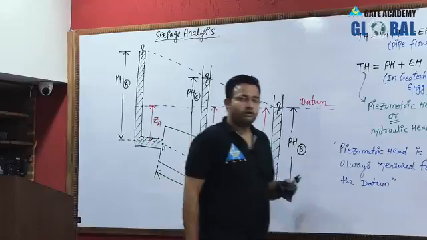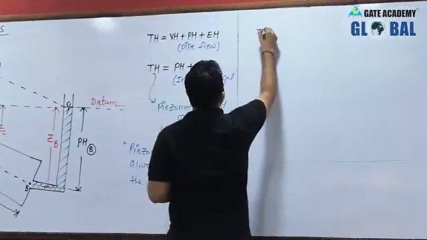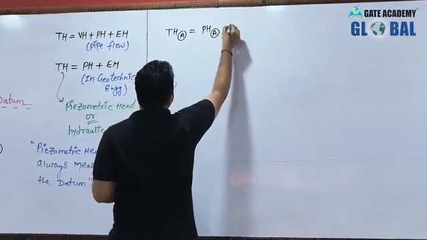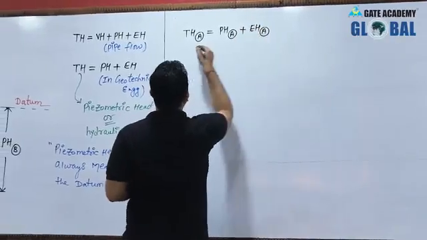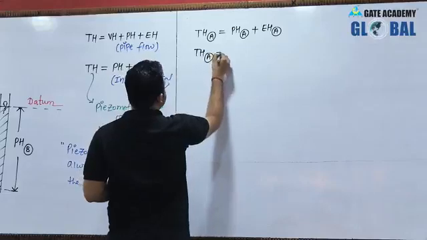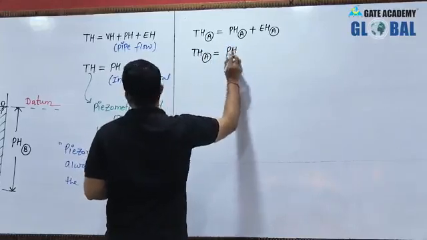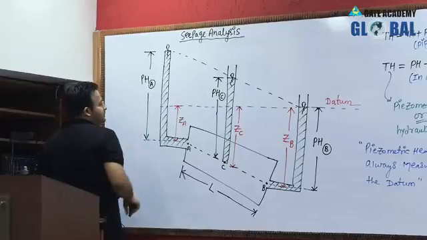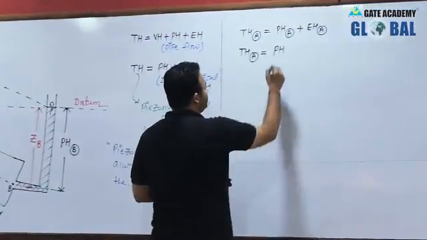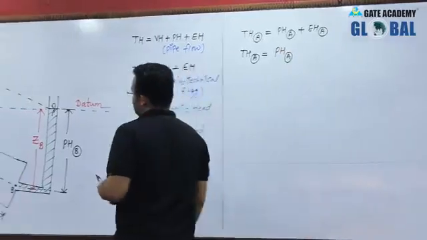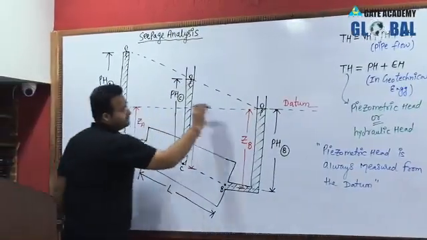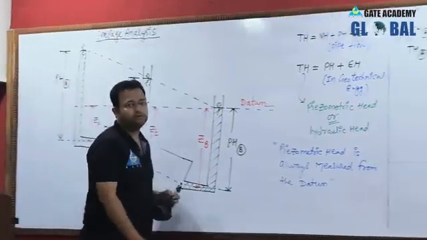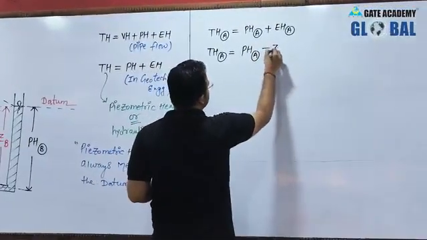So total head at A will be equal to pressure head at A plus elevation head at A. The pressure head at A is given, denoted by pressure head at A. And the elevation head is given below the datum line, which is negative ZA, so I should use a minus sign, minus ZA.